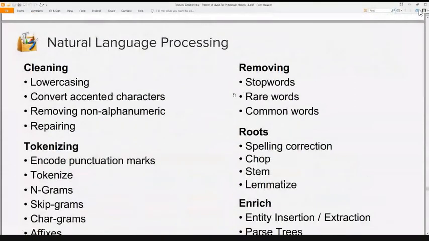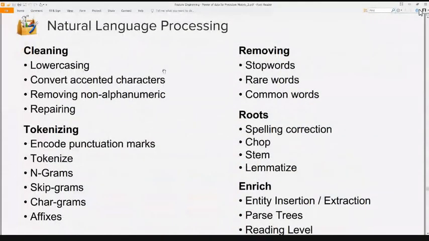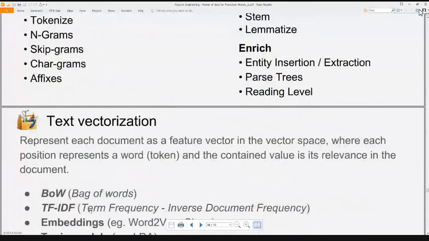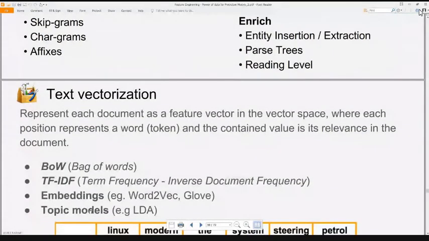Okay. Then NLTK is capable of tokenization, entity extraction, stemming, lemmatization, which are done with NLTK, the Natural Language Toolkit. Okay.